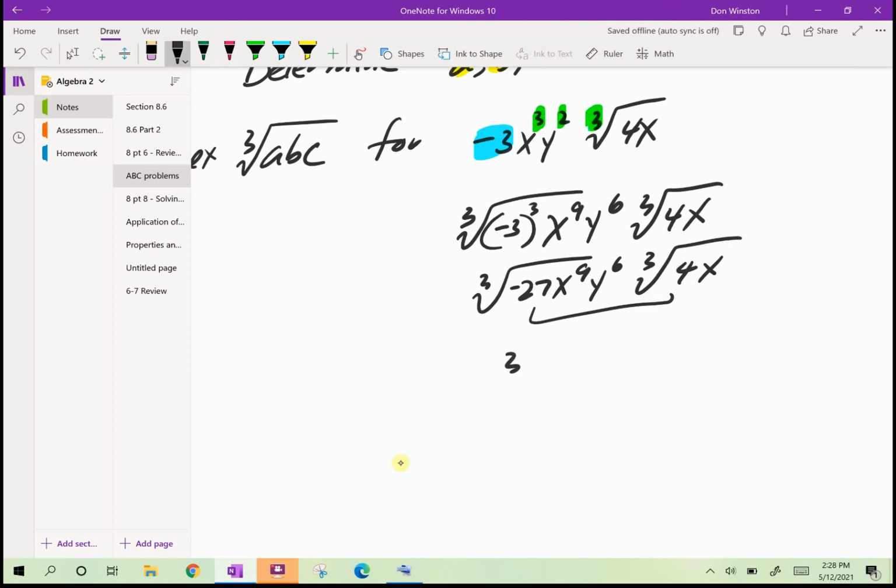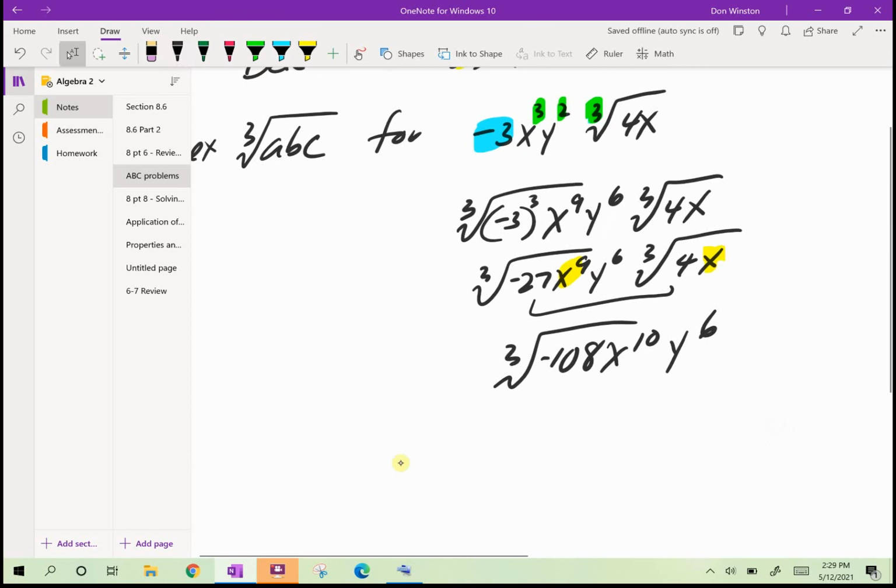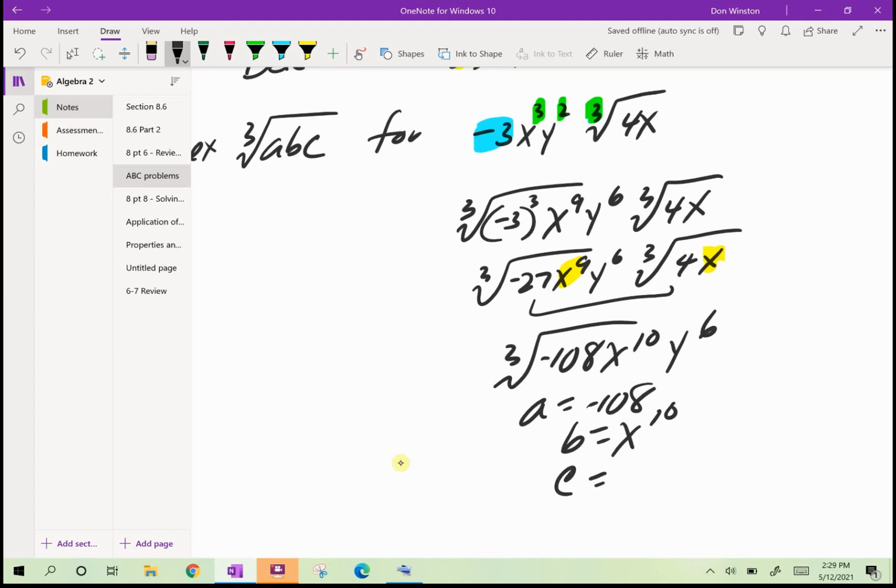So this would be the cube root of negative 108. And then I have x to the ninth times x, that would be x to the 10th. And then I have y to the 6th. So A would equal negative 108, B would equal x to the 10th, and C would equal y to the 6th. All right, so that's my A, B, and C.